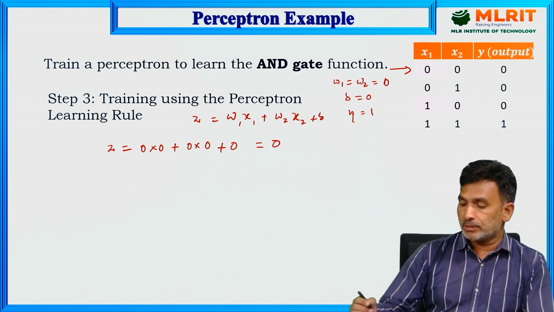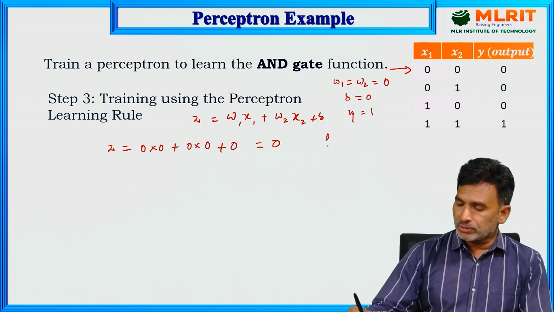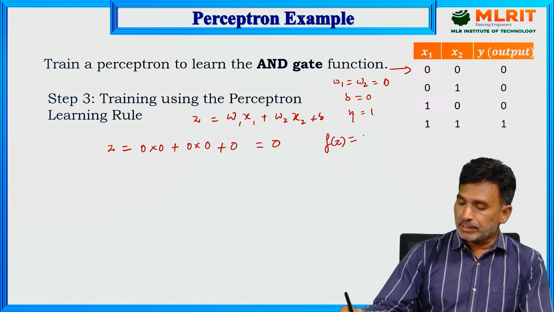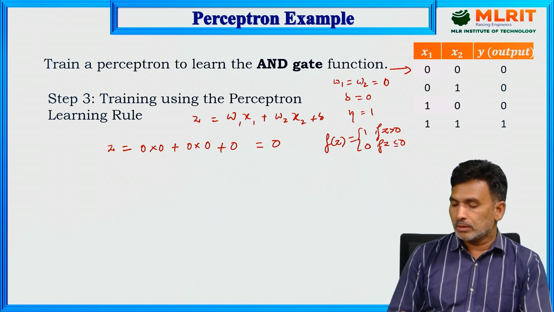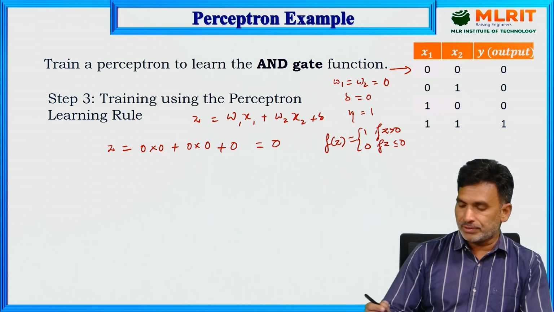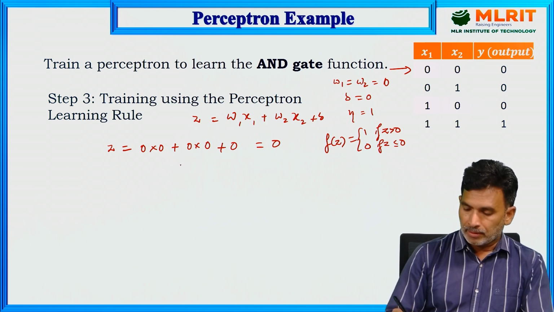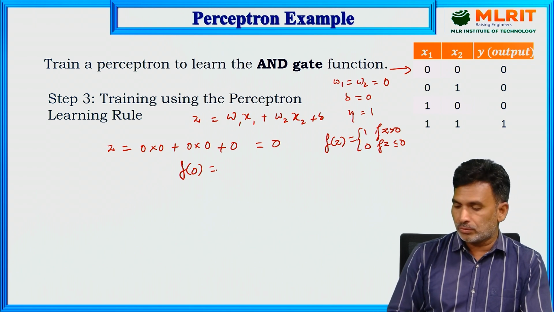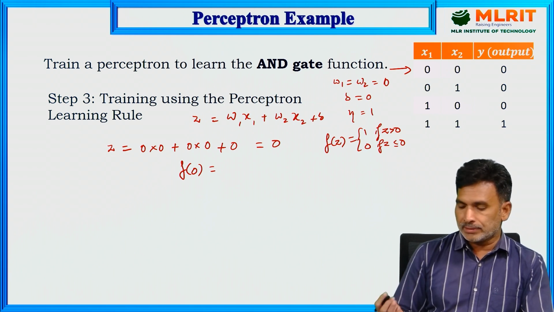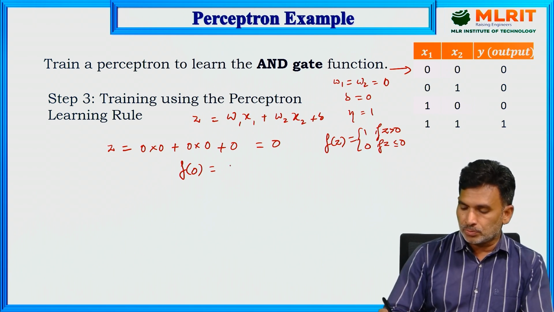As per the nonlinear activation function f of g, it is 1 if g is greater than 0, and 0 if g is less than or equal to 0. Okay, so then we have to check it. For f of 0, g equal to 0, so it is less than or equal to 0, so the output is 0.